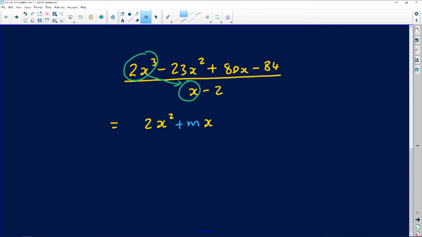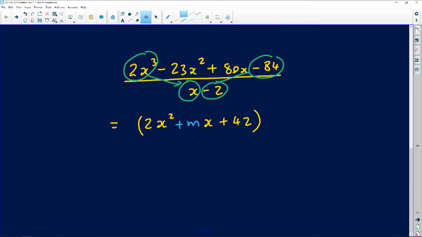And then the last term that you're going to have is you take the last number and divide with that number together with the sign. So negative 84 divided by negative 2 is going to give you a positive answer, and then it's going to be 42. Okay, so this is what I'm ending up with.